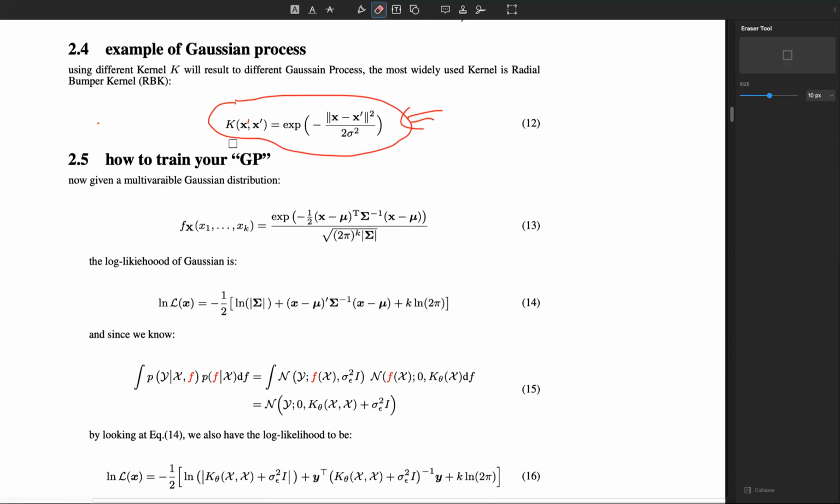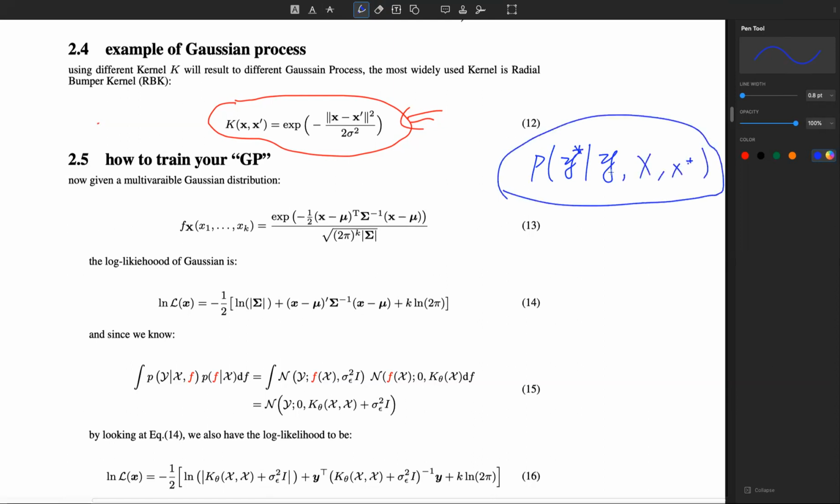So before I finish Gaussian process, are there any questions? So I've been talking about inference, right? Inference is essentially the P of Y given all your training data, and of course K, the kernel that you're using.